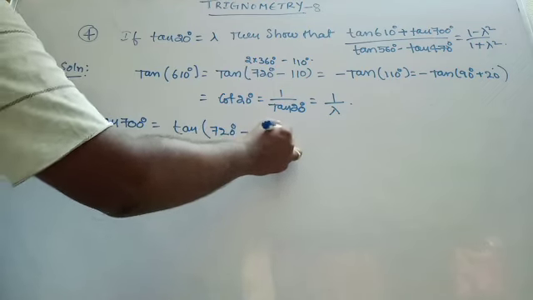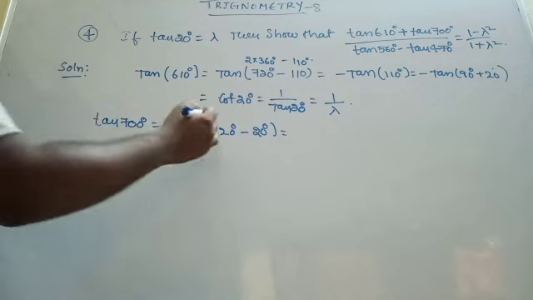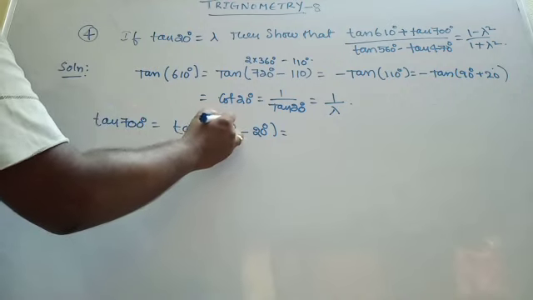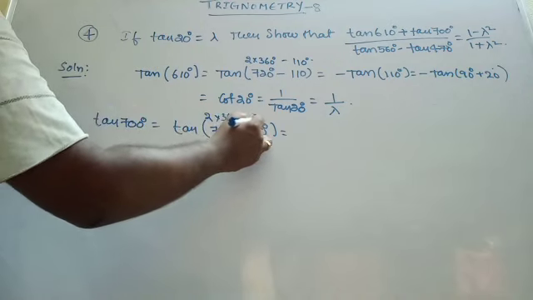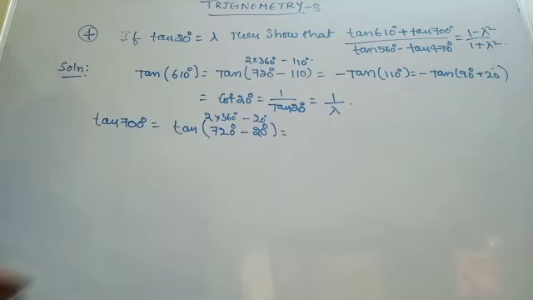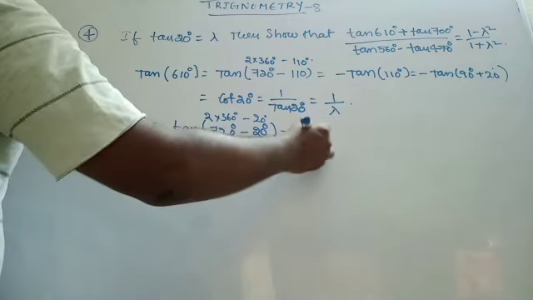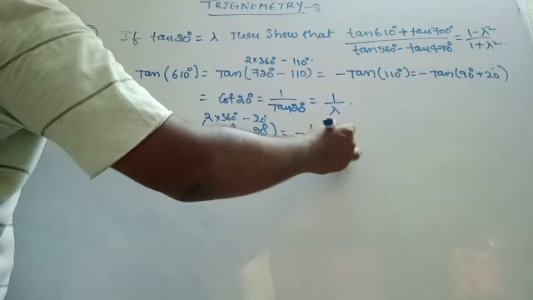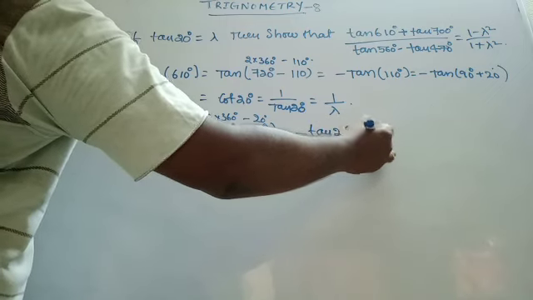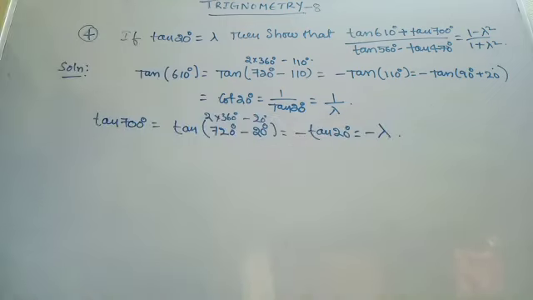In the same fashion, you can write it as 2 into 360 degrees minus 20 degrees. For n into 360 degrees minus theta, the formula gives minus tan theta, that means minus tan 20 degrees. This is nothing but minus lambda. We got this as minus lambda.